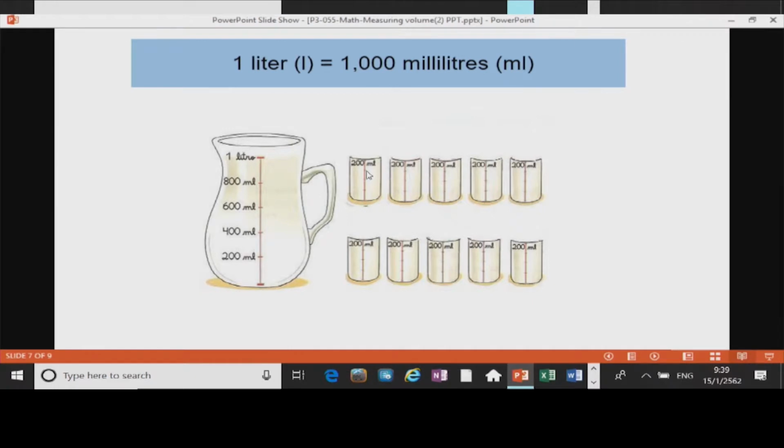Each cup holds 200 milliliters. How many cups will it take to fill the jug? 5. Excellent, well done. Because 200 milliliters times 5 equals 1,000 milliliters, or 1 liter.